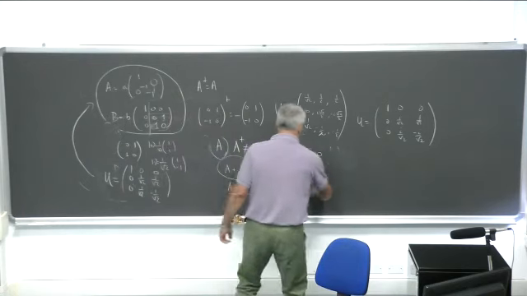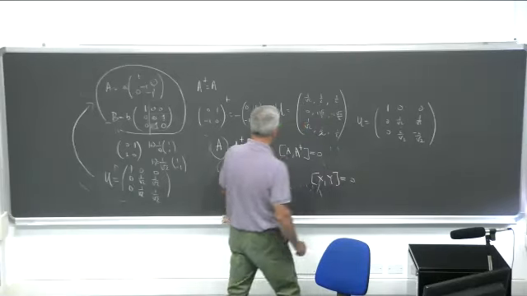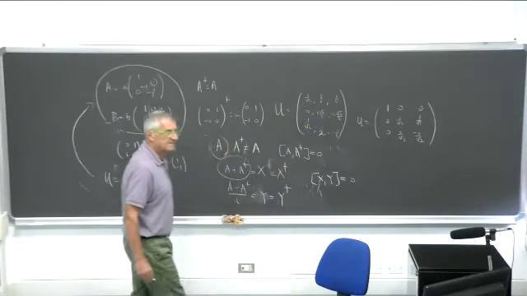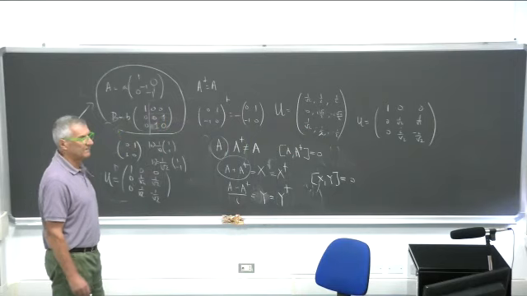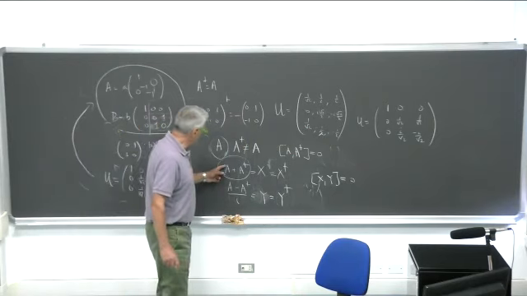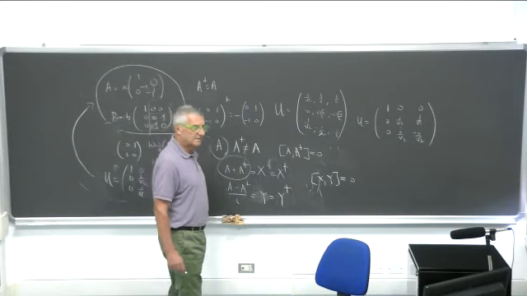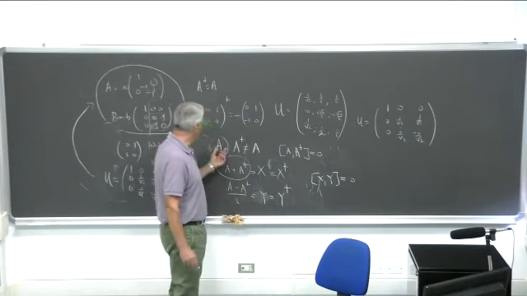Because X commutes with Y, if this is true. So if you can simultaneously diagonalize this and that, then you are done. Why? Remember, our purpose was to diagonalize A.